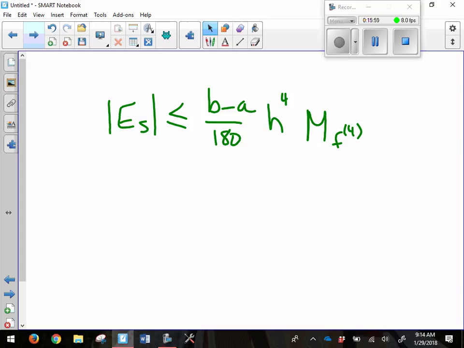All right. So we know what b and a are, right? The lower and the upper bounds of our integral. Those are easy. We know what h is, right? The width of our subinterval. So let's talk about this thing down here. What is that? We have come across this before.